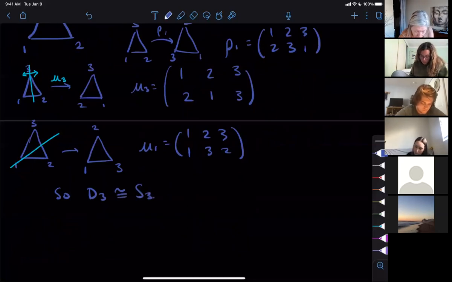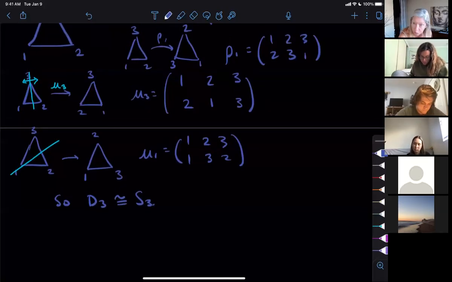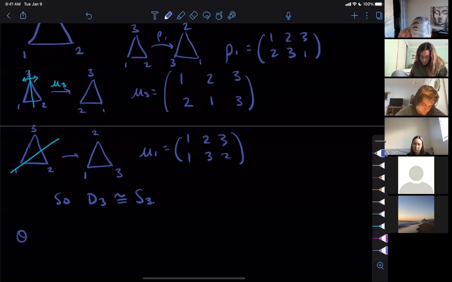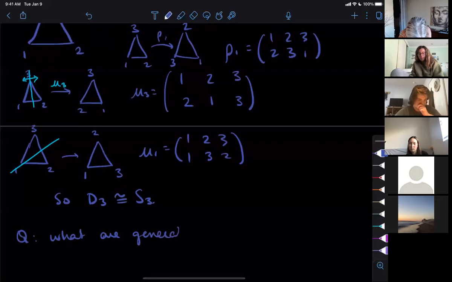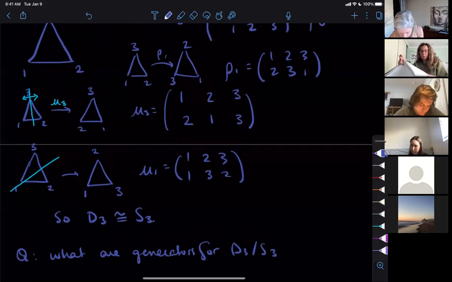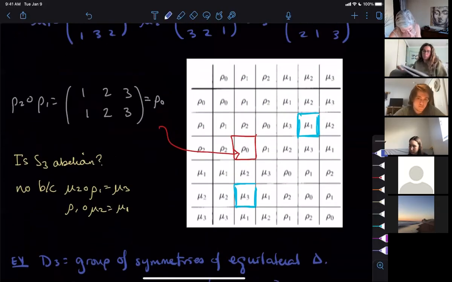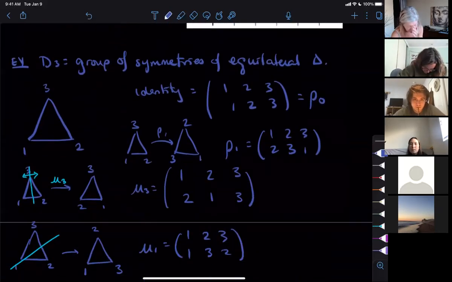They're just sort of equal. Okay. Here's a question. What are the generators for this group? Let's look back at the table. Maybe the table will help us. You can either think in terms of the table or you can think in terms of the motions.